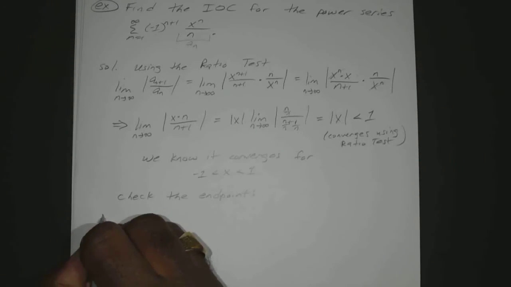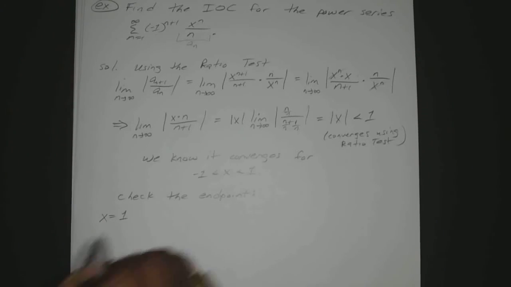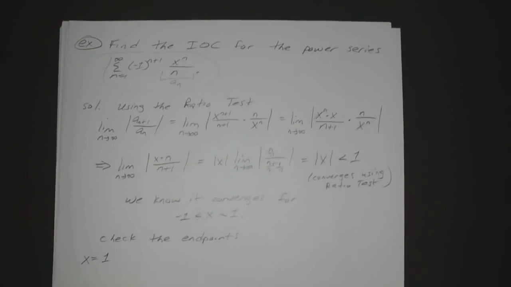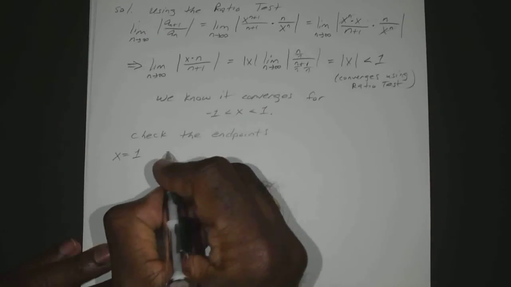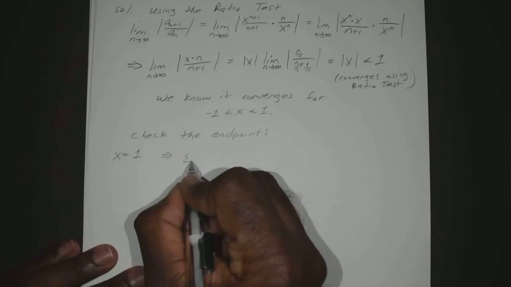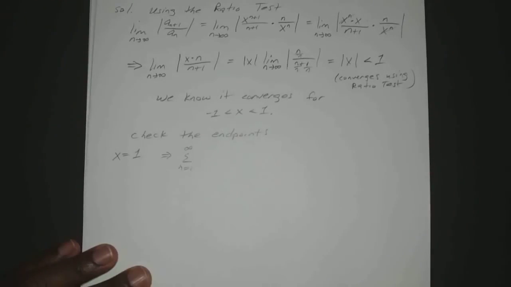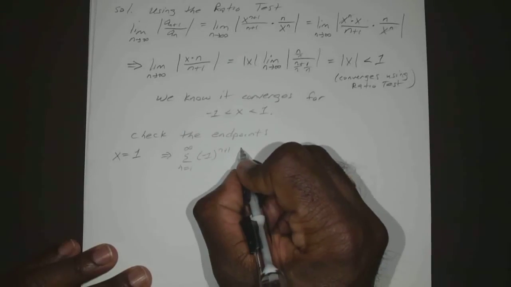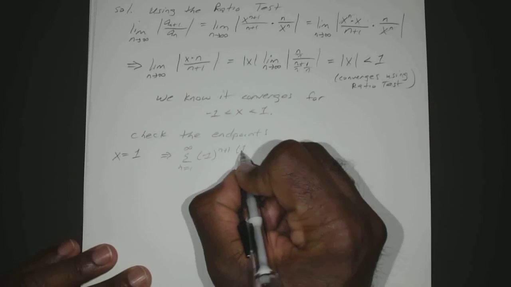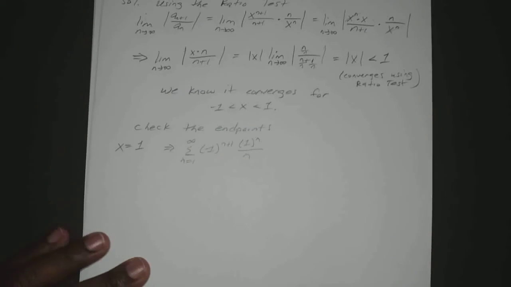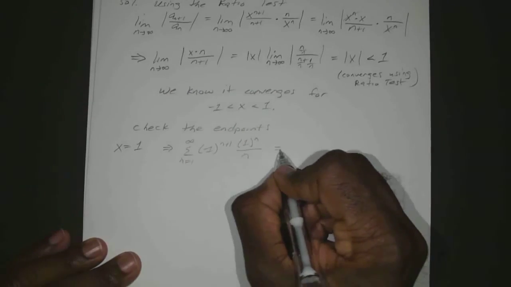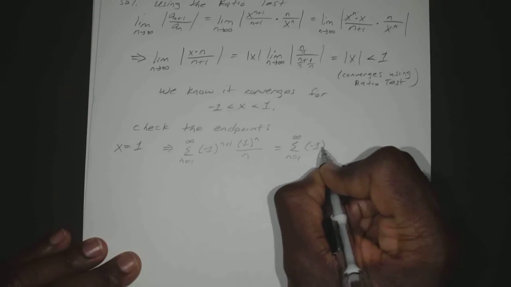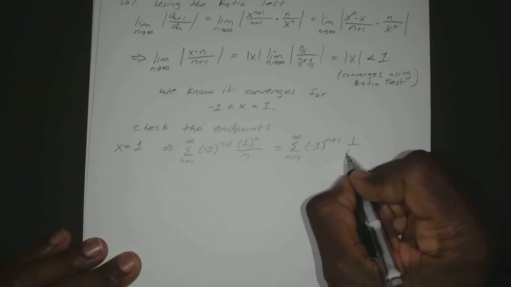Okay. Now when x equals 1, if we plug it into our power series, you have the sum from n equals 1 to infinity of negative 1 to the n plus 1 times 1 to the power of n over n, which is just the sum from n equals 1 to infinity of negative 1 to the n plus 1 times 1 over n.